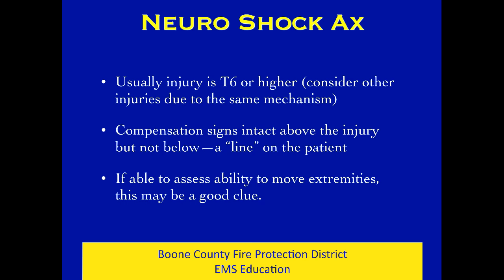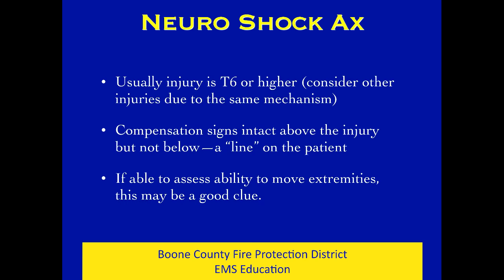So if you have an injury at the spine, that's about where your line of sensation and line of innervation is going to be. So another clue that may help you is if that patient can't move his extremities, particularly can't move his legs, that would make you think there's something going on in the spine above the waist.